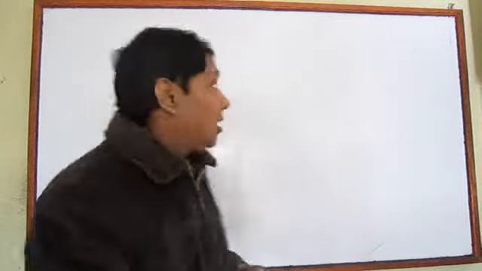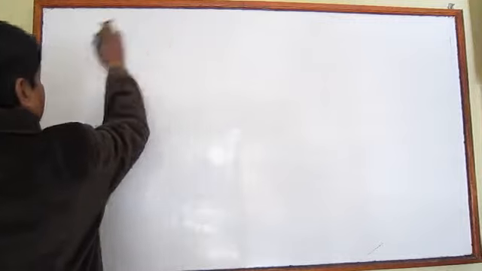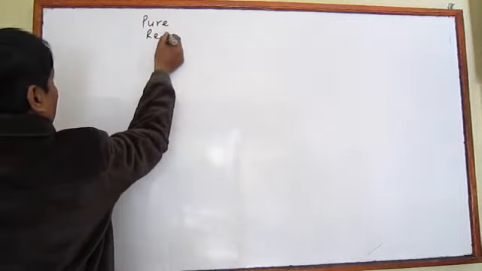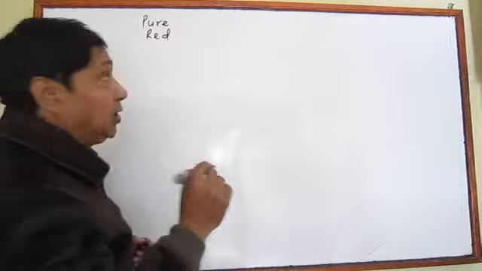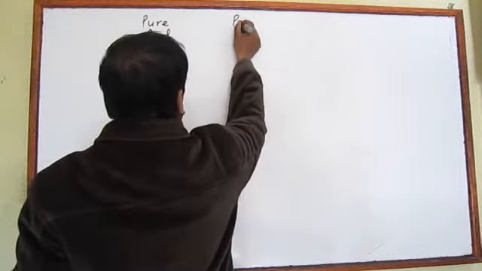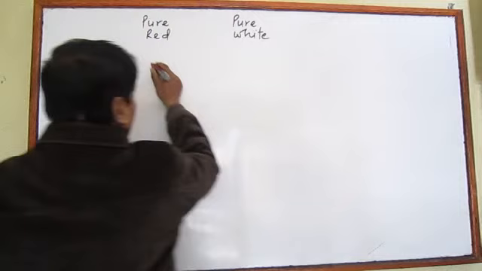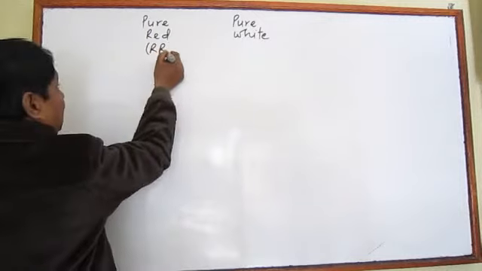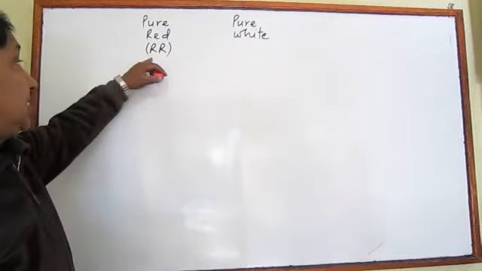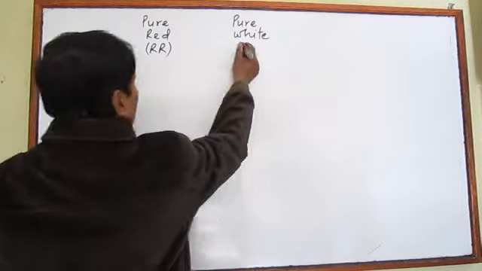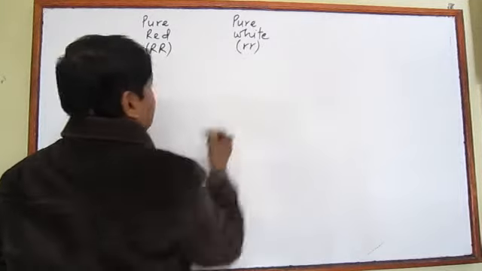Let's say a pure red flower pea plant is cross-pollinated with a pure white flower pea plant. Pure red can be represented by capital R, capital R. Both the genes are carrying the character of being red only, and pure white is denoted by small r, small r.